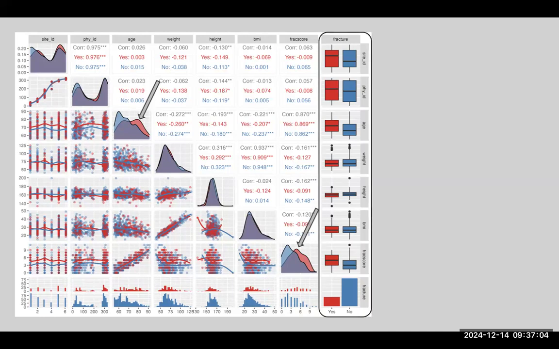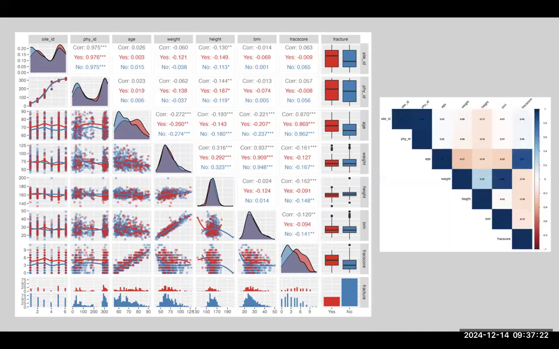You can also see this in the box plots on the right. Most of the variables, the red and blue boxes, are lined up, but if you look at age and FRAC score, there are some differences in the distribution there.